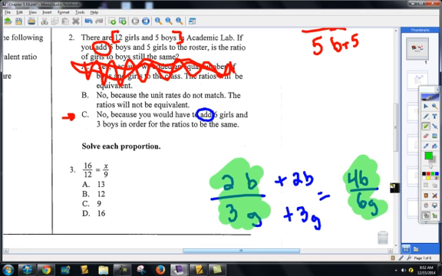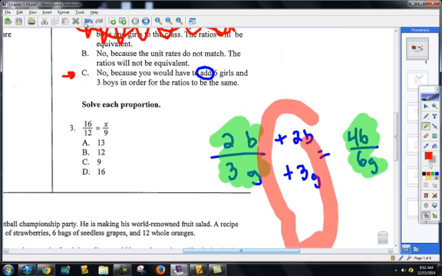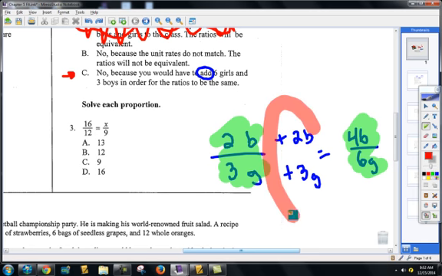Yeah. But wait a minute, I added, didn't I? So does it necessarily mean that you can never add or subtract to make equivalent ratios? I want to make sure you guys get this, because I think I might have misspoke a little bit when I was going over this. You can add or subtract to make equivalent ratios. You can never add or subtract the same amount though, right?